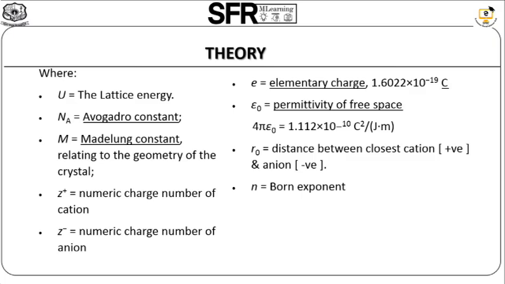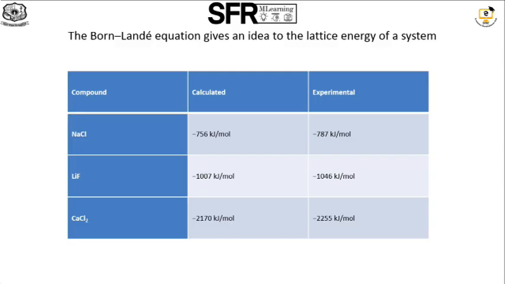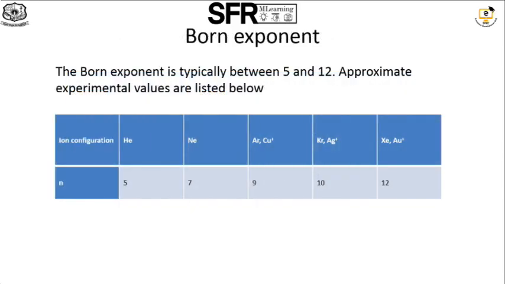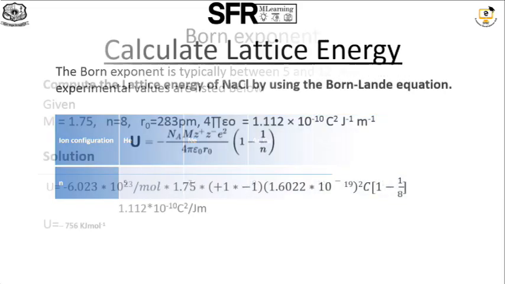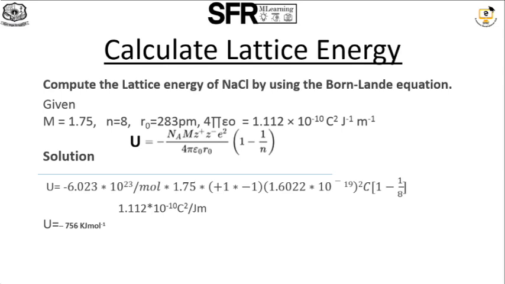And the Born exponent value for a helium ion configuration, n value is equal to 5. If it is a neon ion configuration, n value is equal to 7, and third shell electronic configuration, n value is equal to 9, etc. Using these values, we calculate the lattice energy.